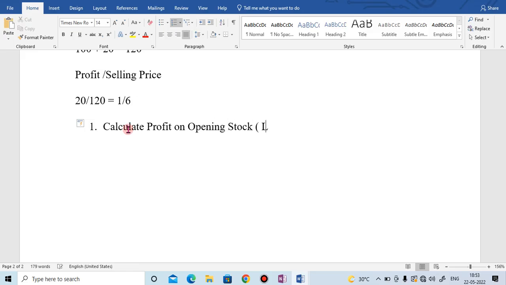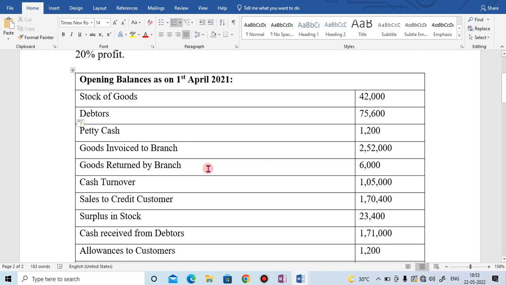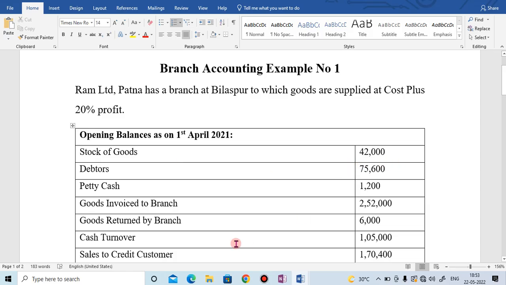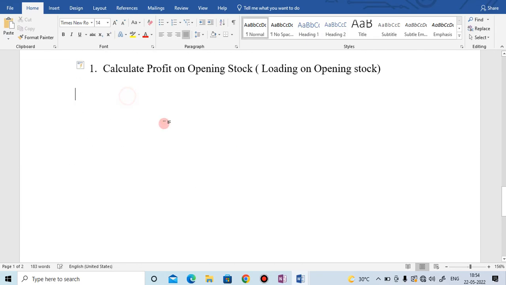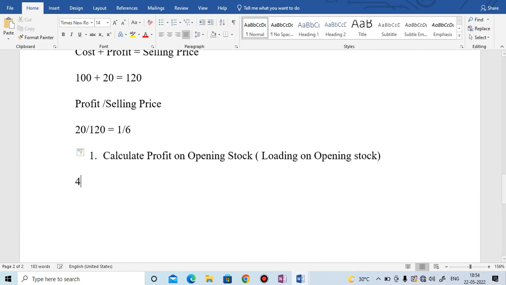This is the loading on opening stock. Opening stock is 42,000, divided by 6, we get 7,000 rupees. This is the profit on opening stock.